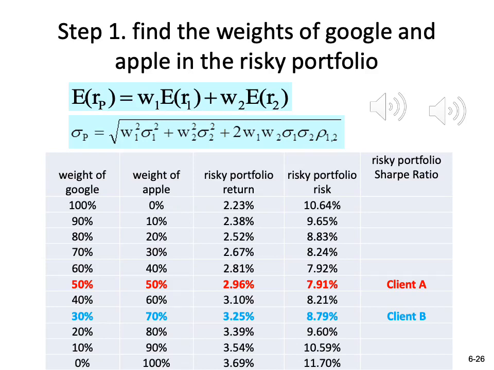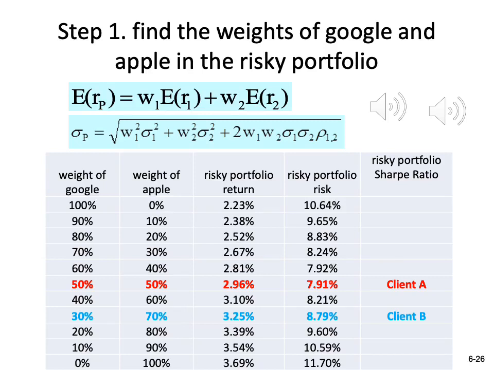Client A says he wants the minimum variance portfolio. Then let's check which risky portfolio has the lowest standard deviation. When you look at the table, when you put 50% money in Google and 50% money in Apple, the risky portfolio has the lowest risk.